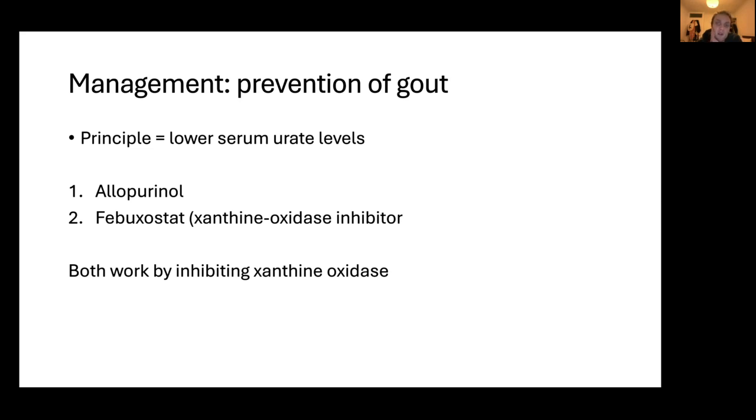Now, allopurinol's more popular, possibly because it's got some more evidence in terms of its risk of lowering cardiovascular disease. So that's where we stand with prevention of gout. So remember, classically we start allopurinol or febuxostat, and usually that will be done after the acute episode. So you wouldn't start both colchicine and allopurinol at the same time.